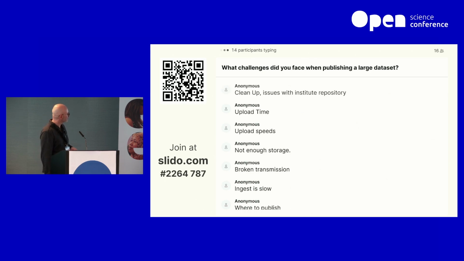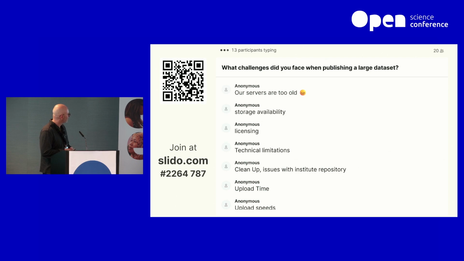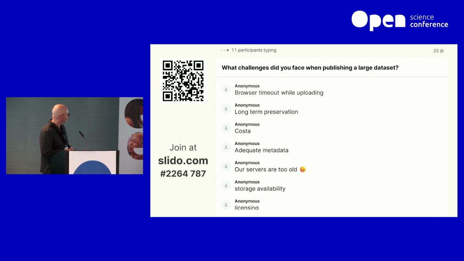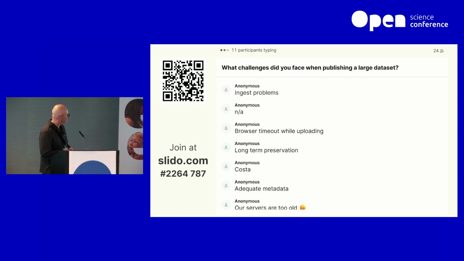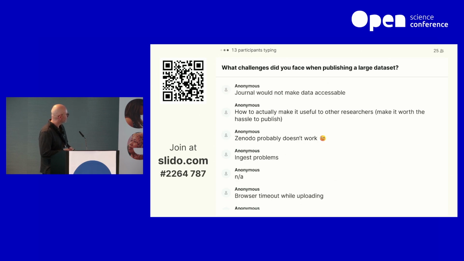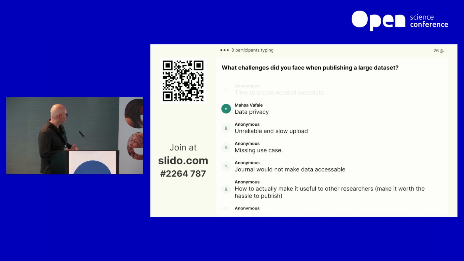That's a big problem with large data, because then it takes days to transfer the data. Licensing is a big issue. Metadata, costs, long-term preservation. The journal would not make the data accessible.